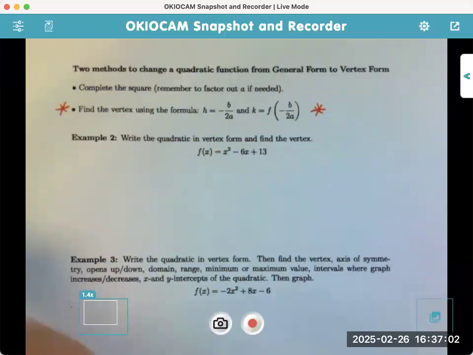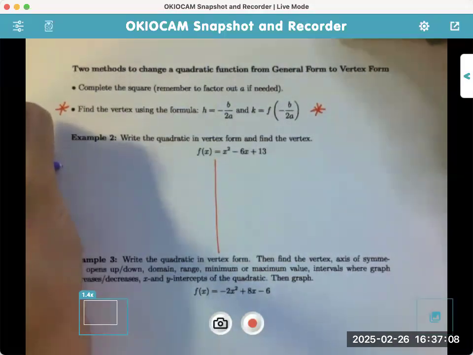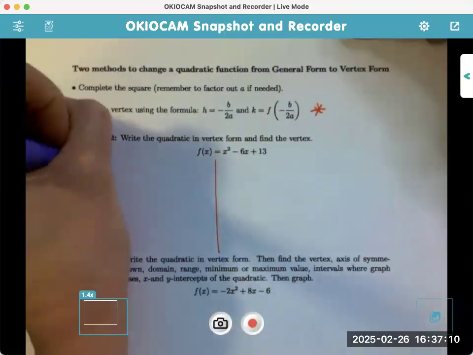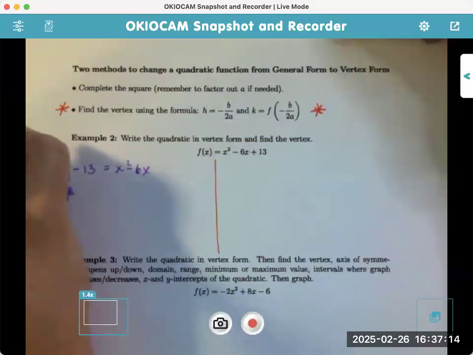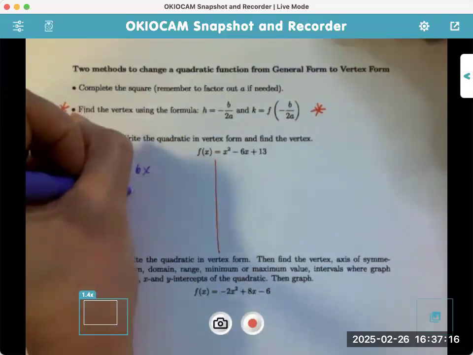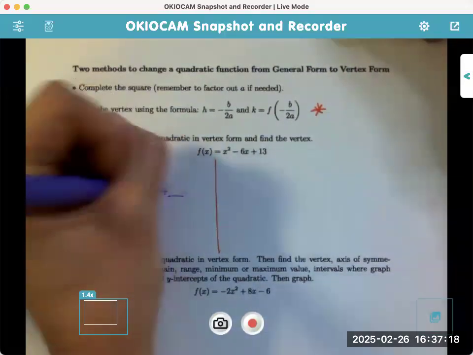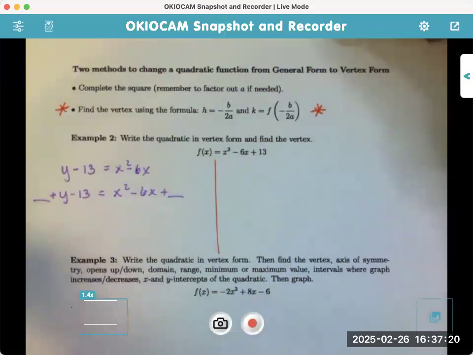If we complete the square, remember, numbers on one side, everything else on the other. Oops, -6. I do my little skeleton method. If I add a blank on the right, I add a blank on the left.